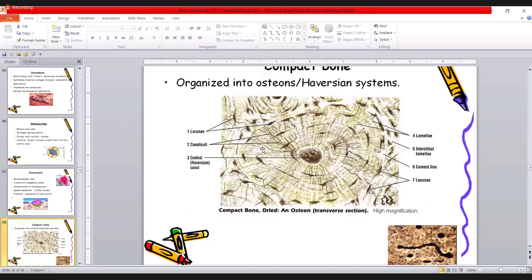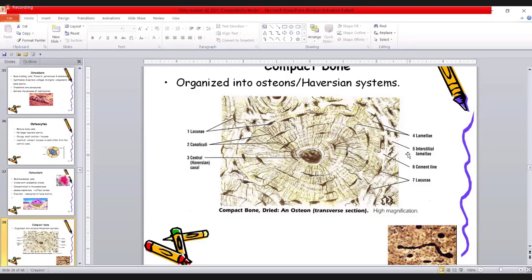Now here's one lamellae arranged around the Haversian canal, and here's another one, around here, and in between them there are also parts of lamellae, some interrupted lamellae. How do you call them? Interstitial lamellae. So there are two types of lamellae: circumferential lamellae, and in between them you get interstitial lamellae.